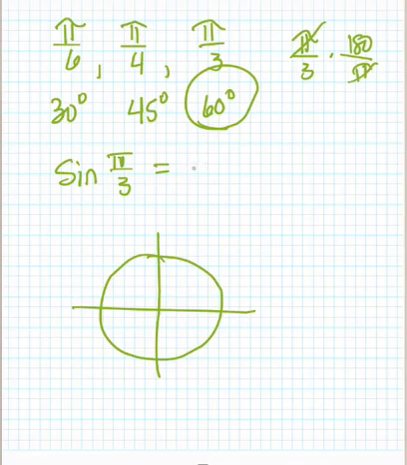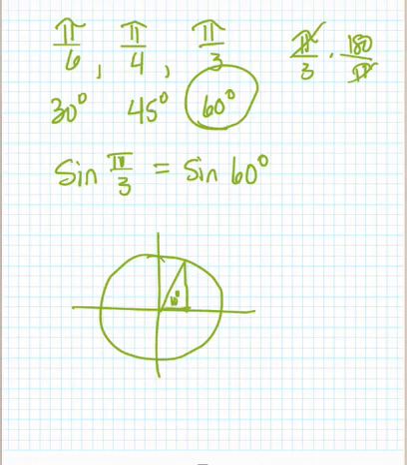So the sine of pi thirds is the same as the sine of 60 degrees. You can think of it this way: this is about a 60 degree angle right here. Also, thinking of it in terms of radians, which is arc length, it's a fraction of the whole circumference.